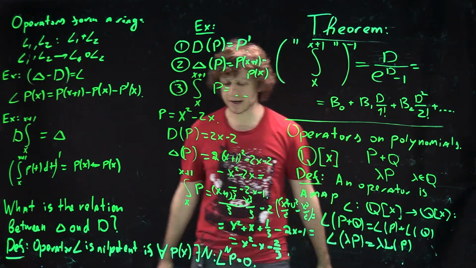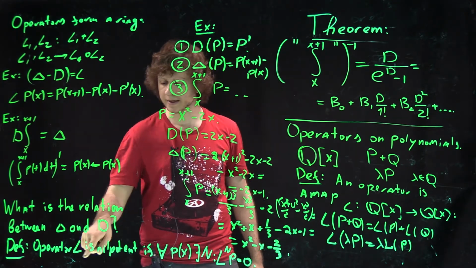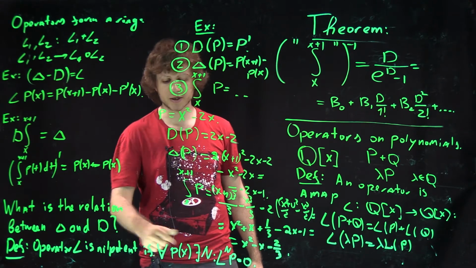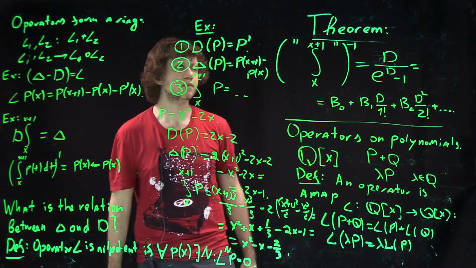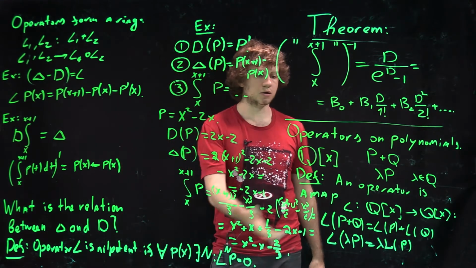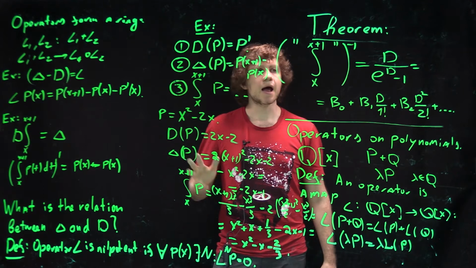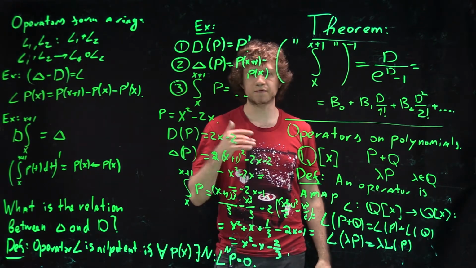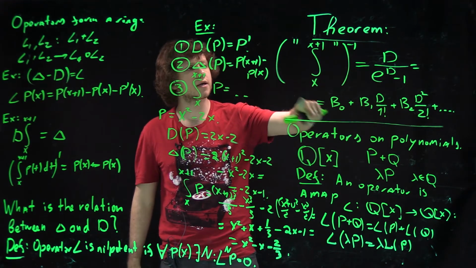So this is why one can plug operators into power series if the operators are nilpotent and get new operators. And let me maybe first formulate it precisely, and then I will explain this theorem.